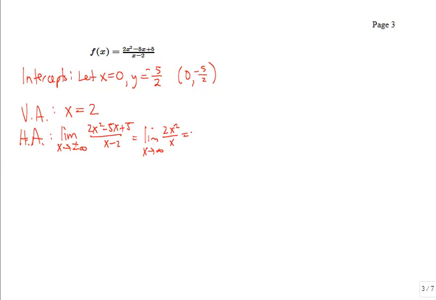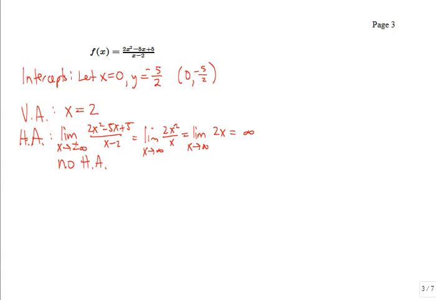So if you reduce that, 2x squared over x just becomes 2x. And what's that going to do as x goes to infinity? Well, 2 times infinity is going to stay infinite. So that means we have no horizontal asymptote because this graph is not leveling out towards anything. Okay, so we're not going to have any kind of horizontal asymptote.